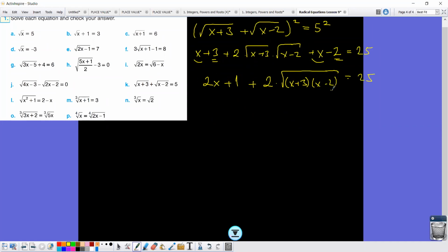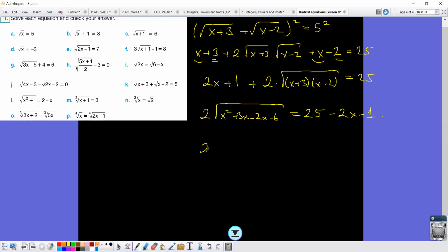Now, to have only the radical sign on one side, I will take these terms to the other side and I will get 2 times root of what I will get here, x squared plus 3x minus 2x minus 6. Am I right? Yes. So 25 minus 2x minus 1.